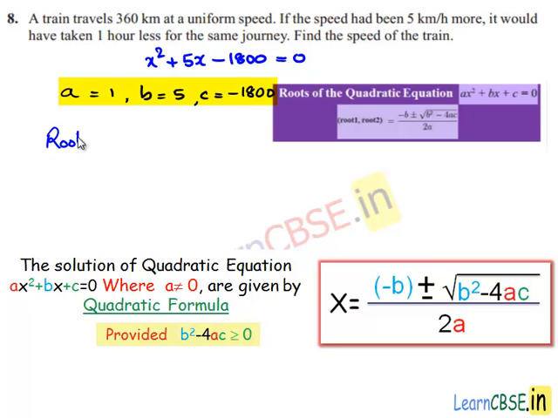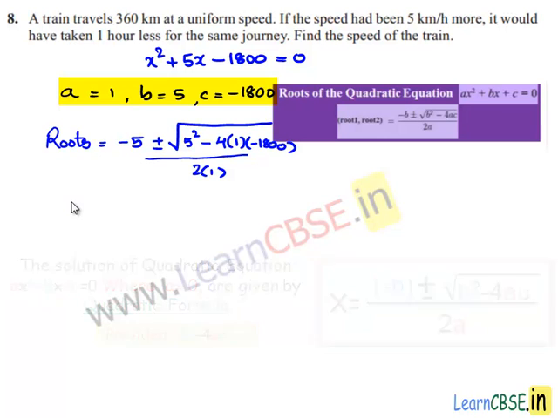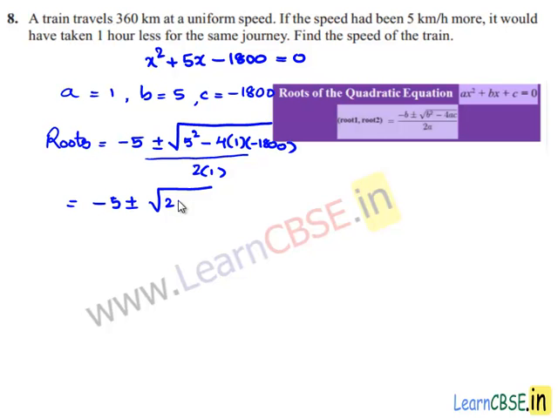So roots is equal to minus 5 plus or minus square root of 5 square minus 4 times of 1 multiplied by minus 1800, divided by 2 times of 1. This is equal to minus 5 plus or minus square root of 25 plus 7200 divided by 2. This is equal to minus 5 plus or minus square root of 7225 divided by 2.